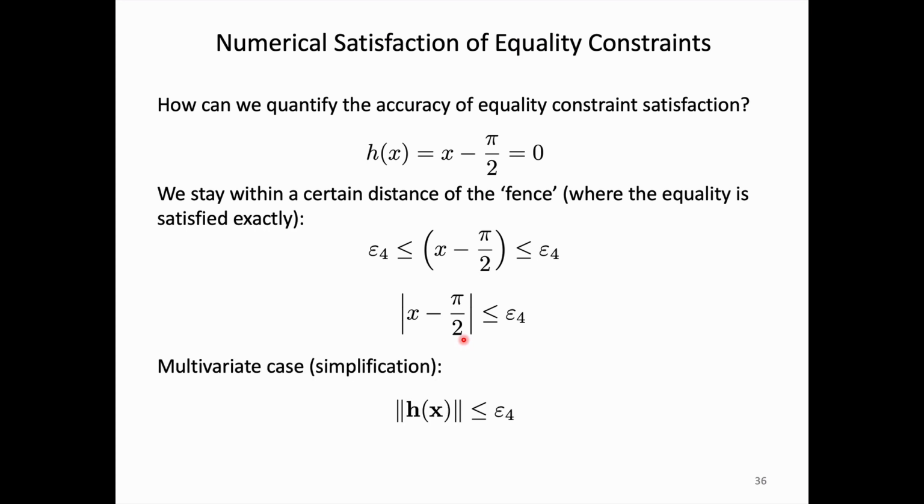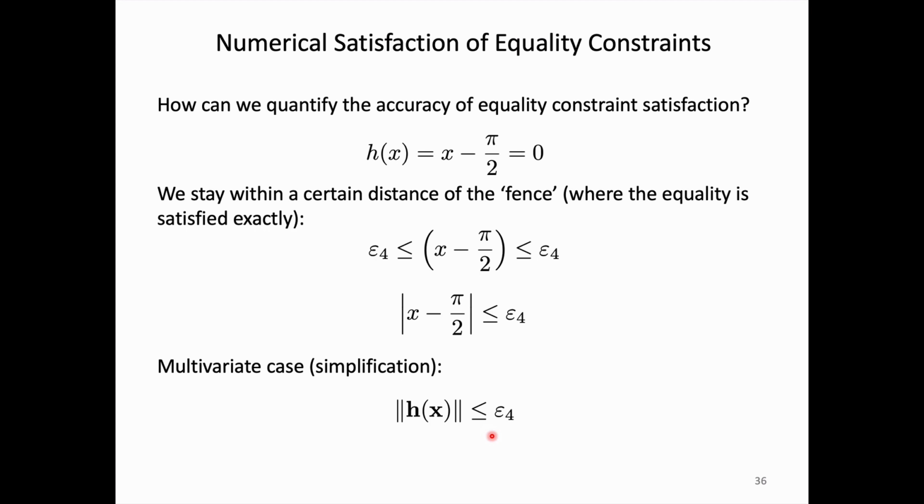And then we can also look at a multivariate case. And I should point out this really is a simplification. Here we've essentially lumped everything together using a norm, but really we could be treating each one of the elements of the output of h of x separately using a different tolerance. But algorithms will typically have a single tolerance that's applied across equality constraints.